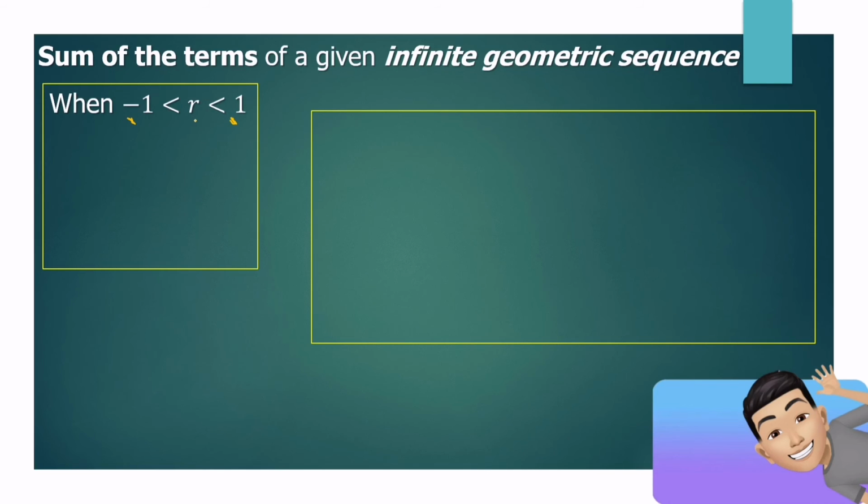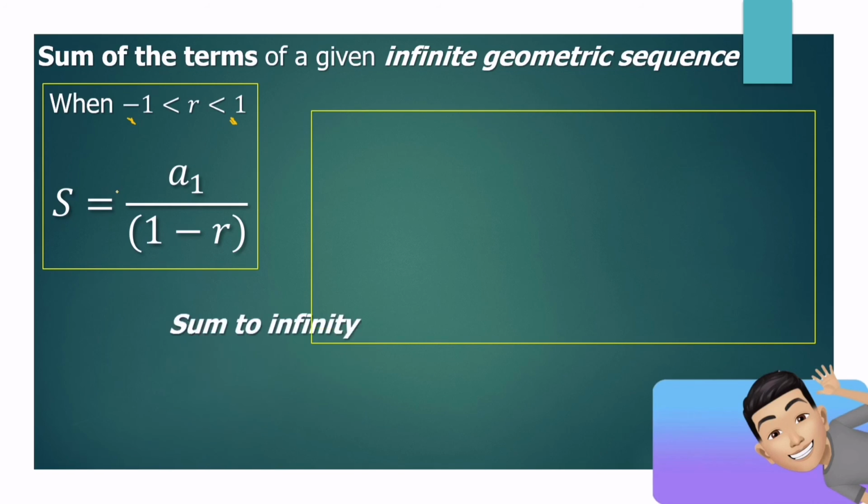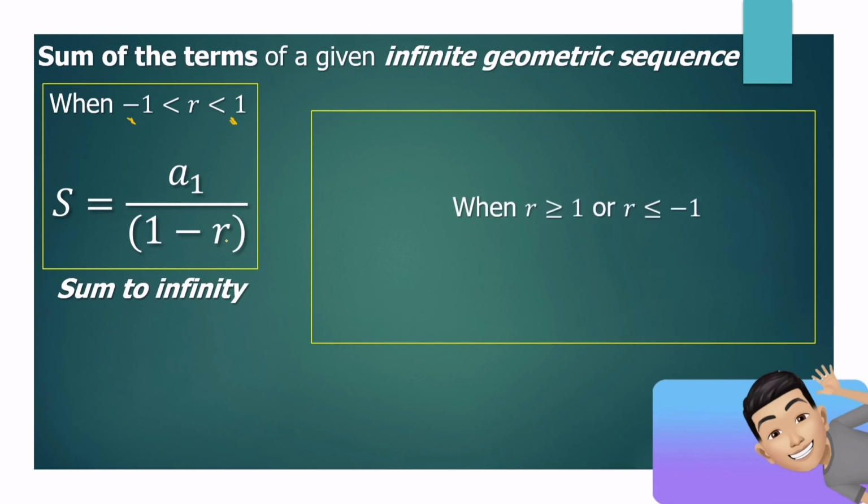Pero hindi kasali si 0, no? Kasi bawal yon sa definition ng geometric sequence. So, ang S natin, or summation, or yan yung tinatawag din sum to infinity, that is A sub 1 over 1 minus R.